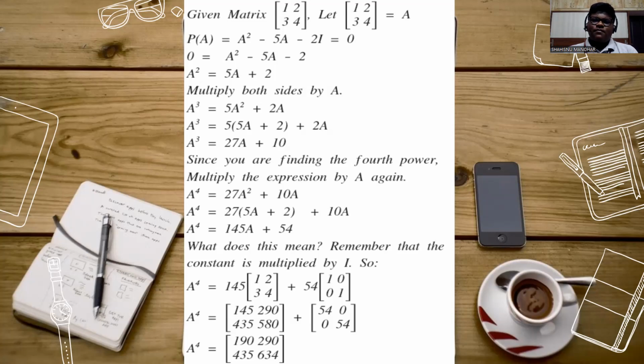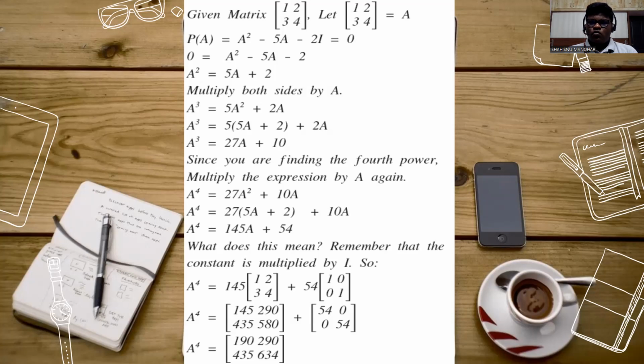Now, let's multiply both sides by A. We get A cubed is equal to 5A squared plus 2A. Now, taking 5 common from the equation, we get 5 of (5A plus 2) plus 2A, which gives the final result of A cubed as 27A plus 10. Since we are finding the fourth power, multiply the expression by A again.